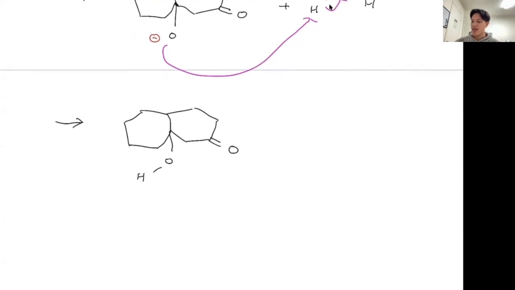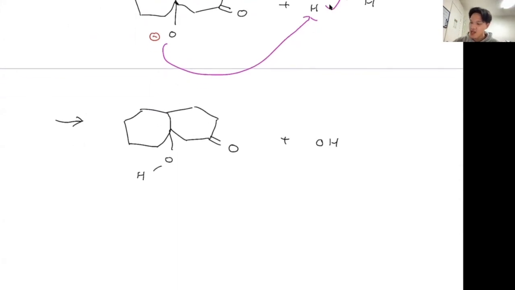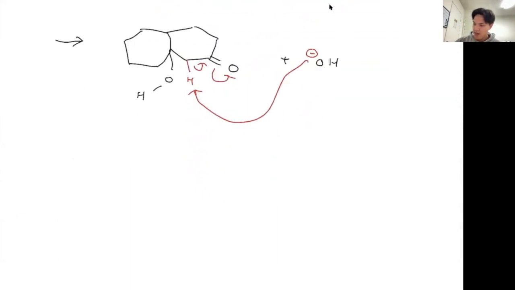Right? And then now we're still in acidic conditions, so it's going to be repetitive again. And then we have our alpha carbon over here, which we can take. And then we can do our magic step once we draw this compound.